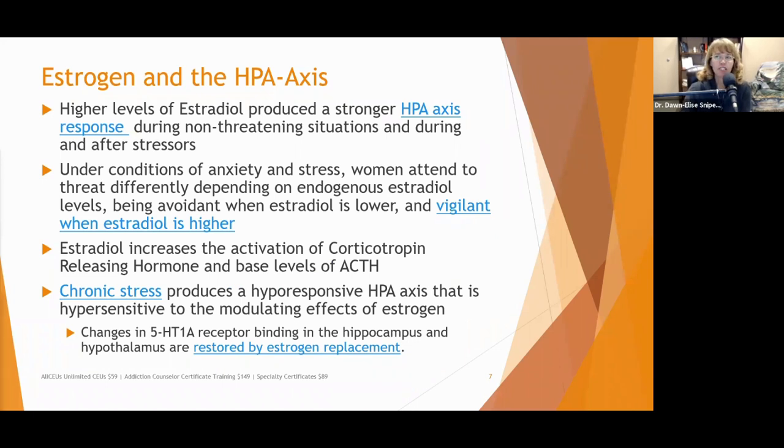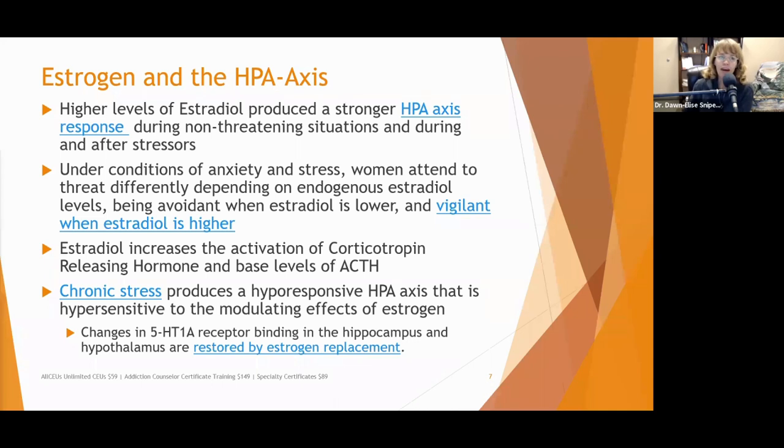Higher levels of estradiol produce a stronger HPA axis response. Okay, so that's kind of interesting. It increases serotonin, or works with the serotonin system to help people feel calmer and exert some neuroprotective effects. But high levels of estradiol also produce a strong stress response, even during non-threatening situations and during and after stressors.